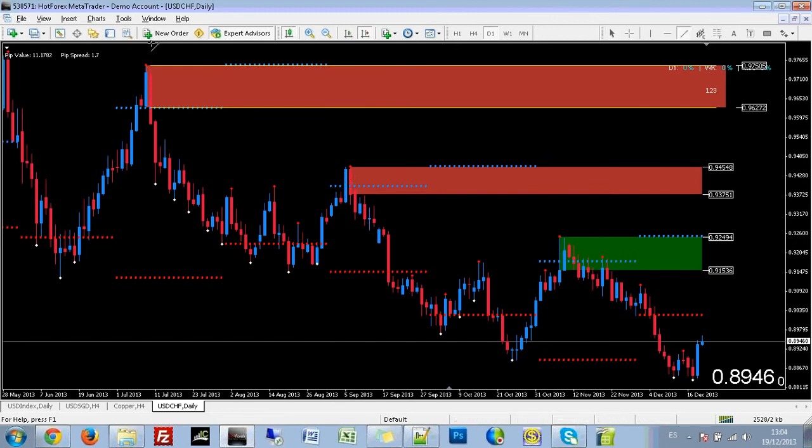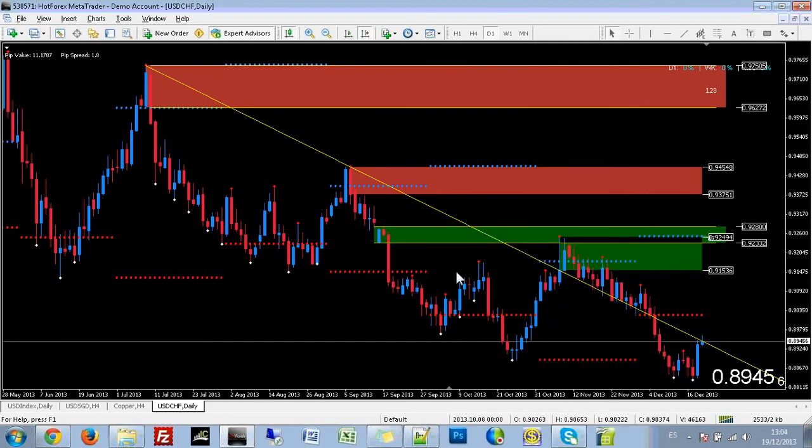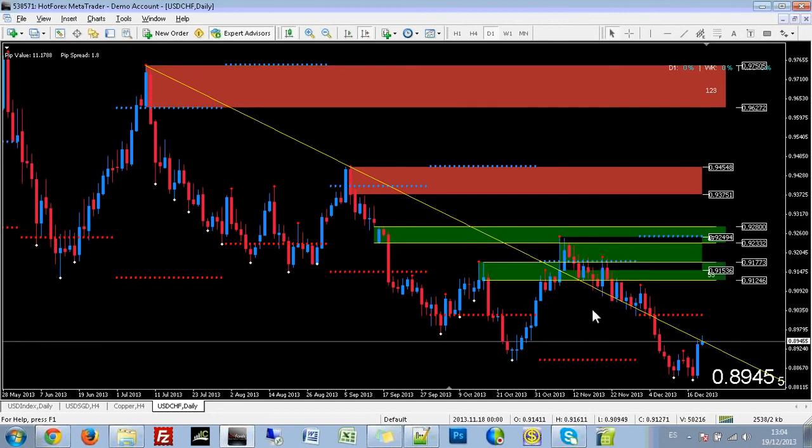So now that price did that, we do have this trend line. So we would be allowed to sell over here on this one, and on this one potentially. Right there, potentially.